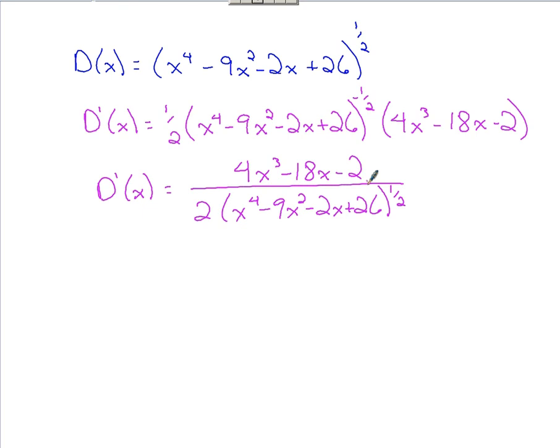Okay, so at this stage, because it's an application, we're going to look to see where the derivative equals 0. To see where the derivative equals 0, all we got to do is take that numerator, set that equal to 0 and solve.